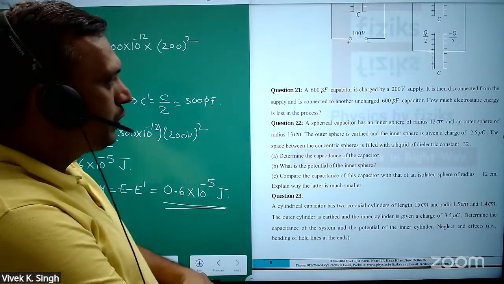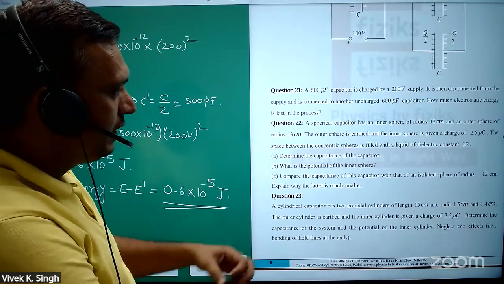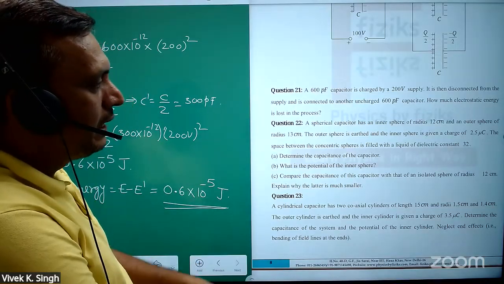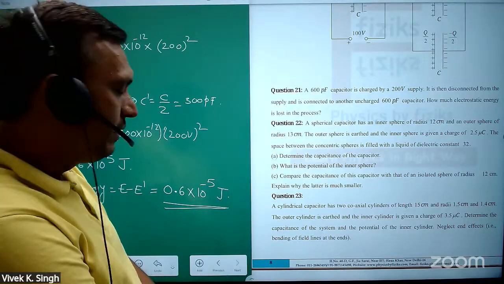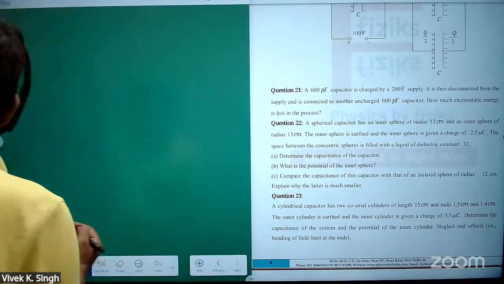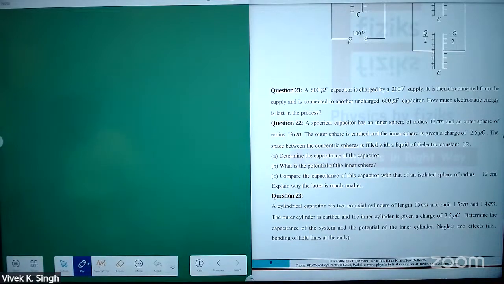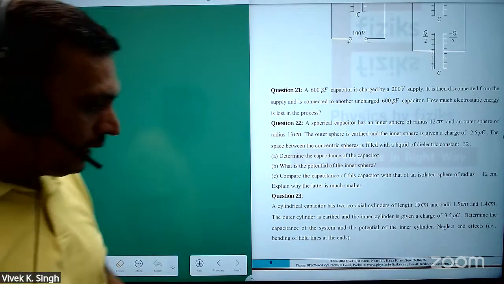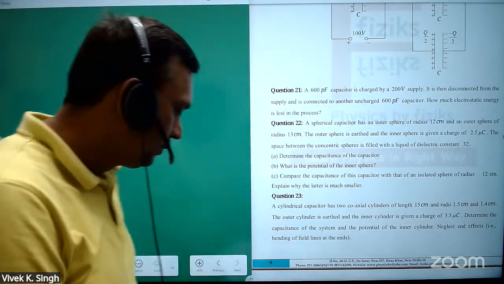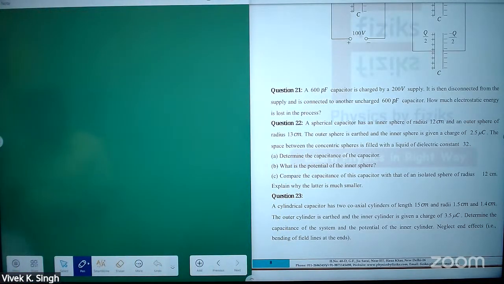Now there are two questions based on, one is spherical capacitor, another is cylindrical capacitor. So I am giving you the formula for spherical and cylindrical capacitor, and you have to just calculate that value. So let's see what will be the formula for spherical capacitor and cylindrical capacitor.